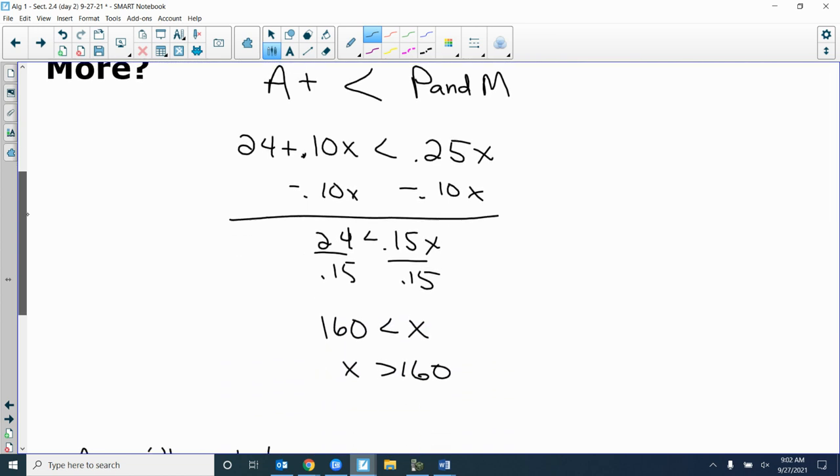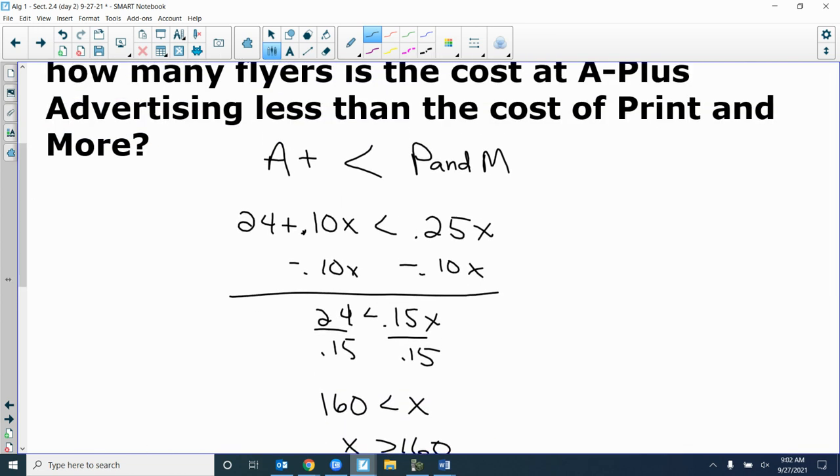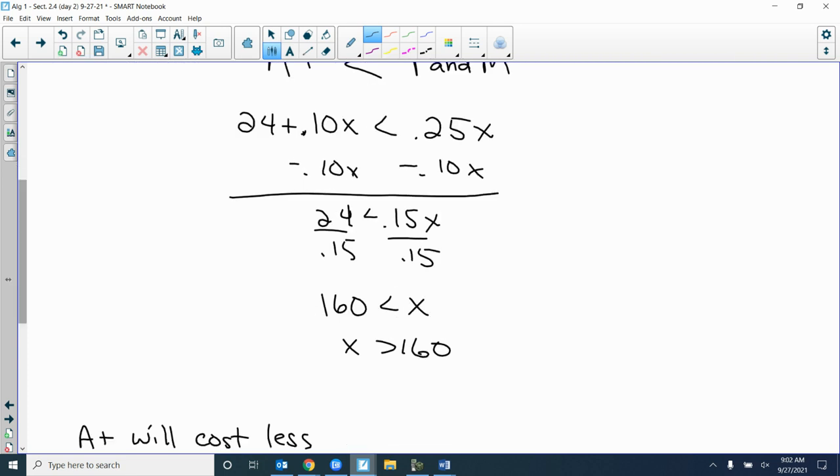Okay. Here's how we got it designed. We said A Plus will cost less than Print and More for anything over 160. So actually, anything over 160, A Plus will cost less. So for 300, for 500, for 700, for 161. How am I going to word this? You're slightly off there. Diana, how am I going to word this?